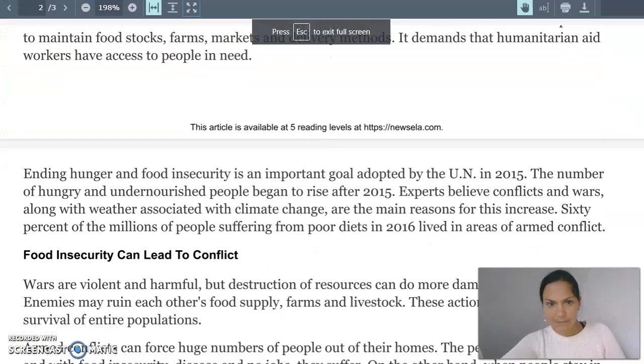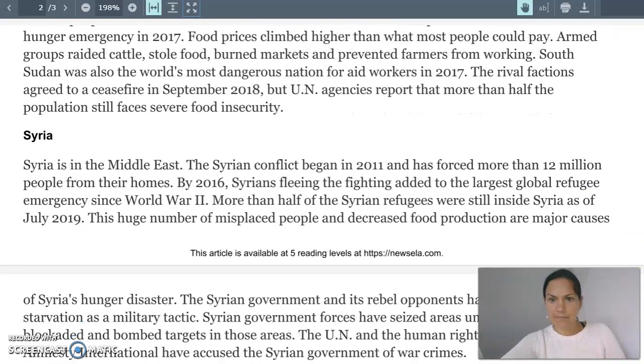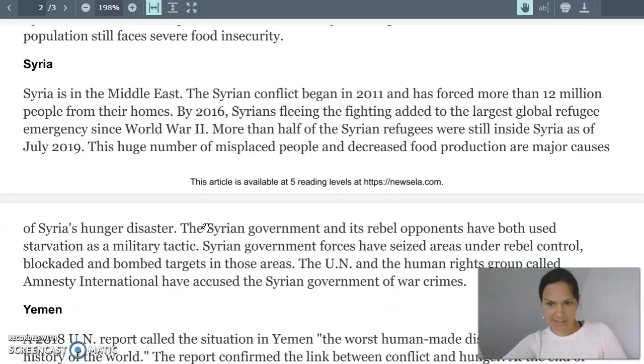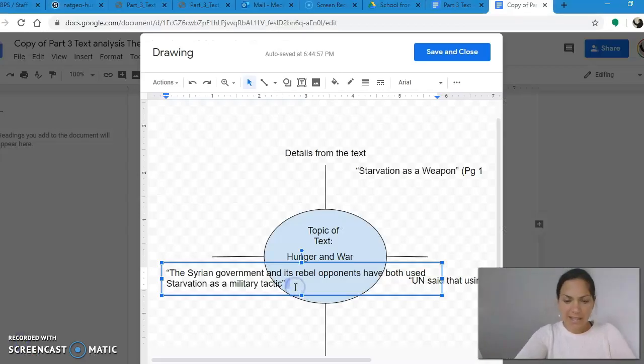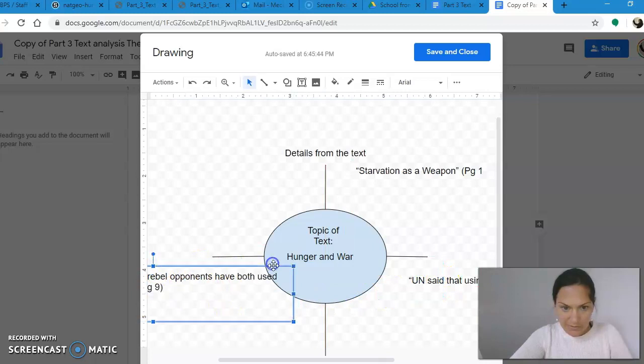Okay, so I'm going to say here the Syrian government and its rebel opponents have both used starvation as a military tactic. Okay? And that comes from paragraph 9. Okay. Oops, sorry, folks.